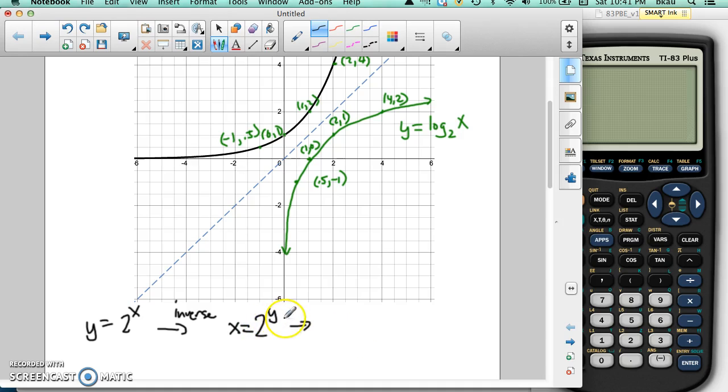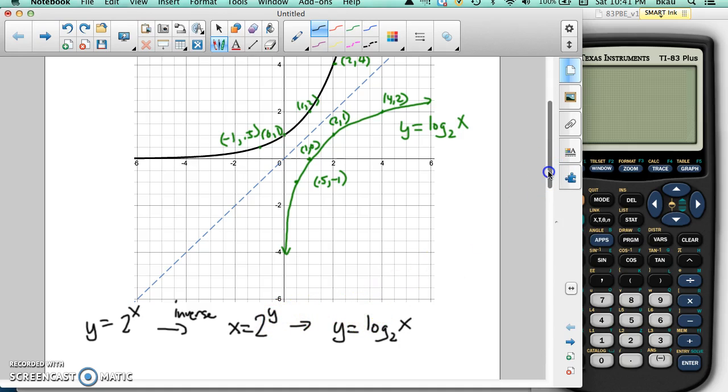In order for us to solve for y, we have to rewrite it in a different form. So that becomes y equals log base 2 of x. There's no simple way to solve this for y, so we have to have a way to rewrite it.